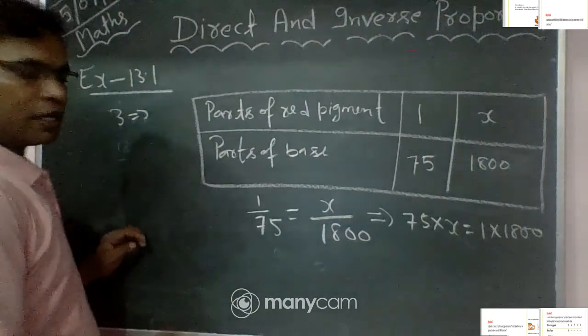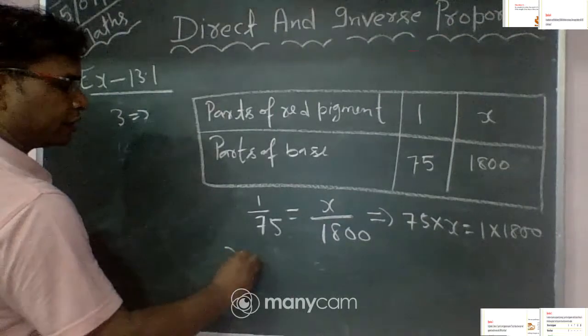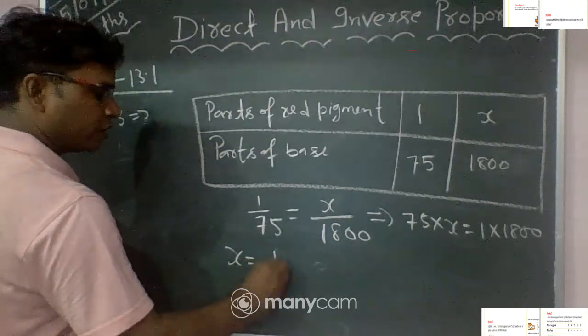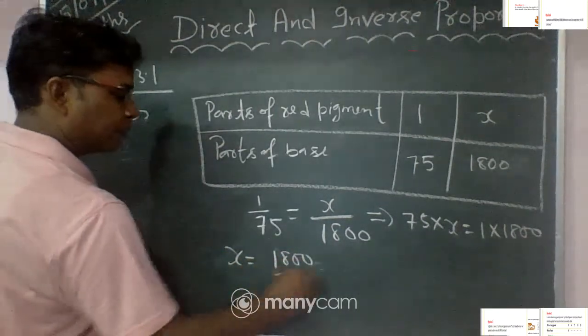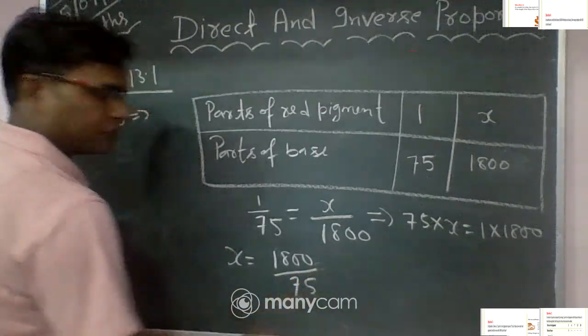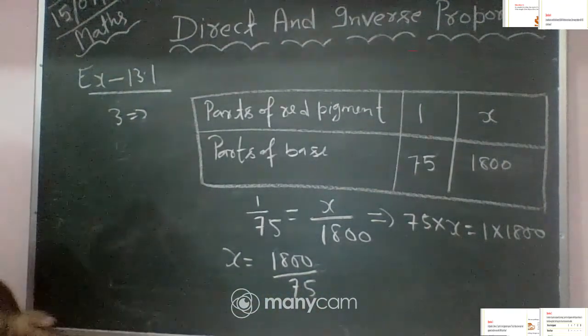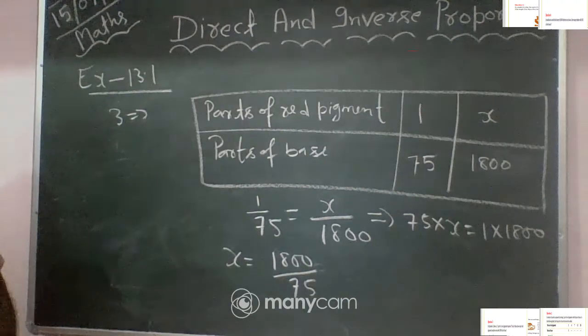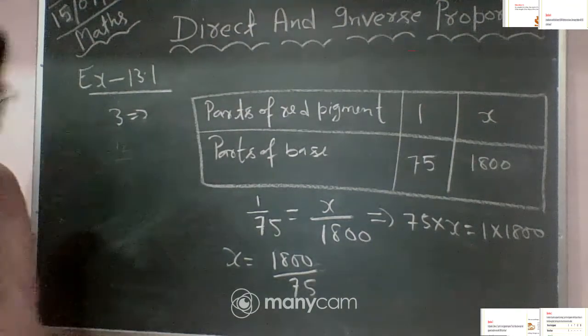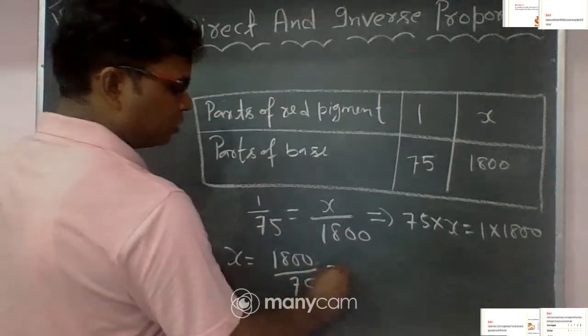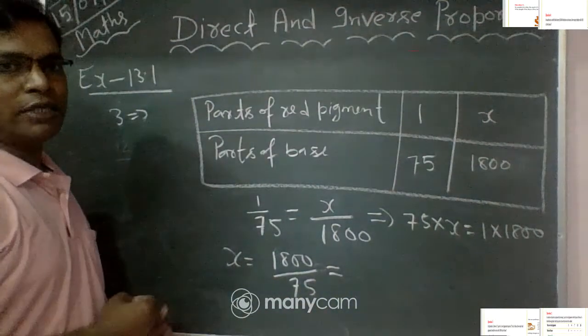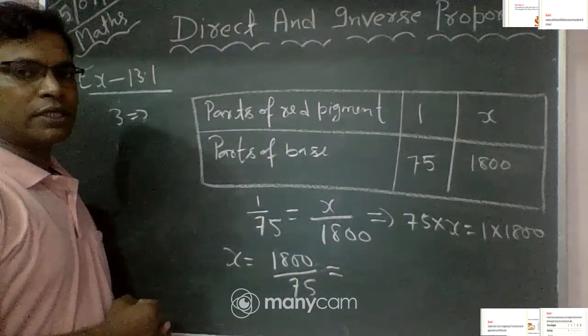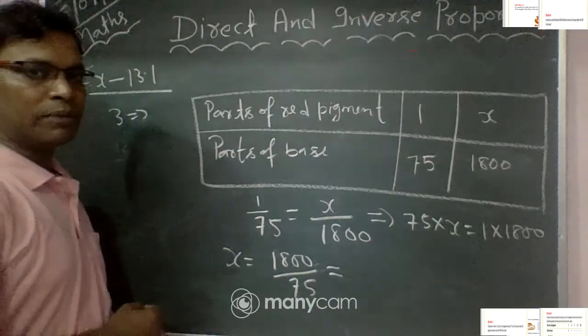Okay, or you can write X is equal to 1800 by 75. Clear? If you divide 1800 by 75, you have 24.